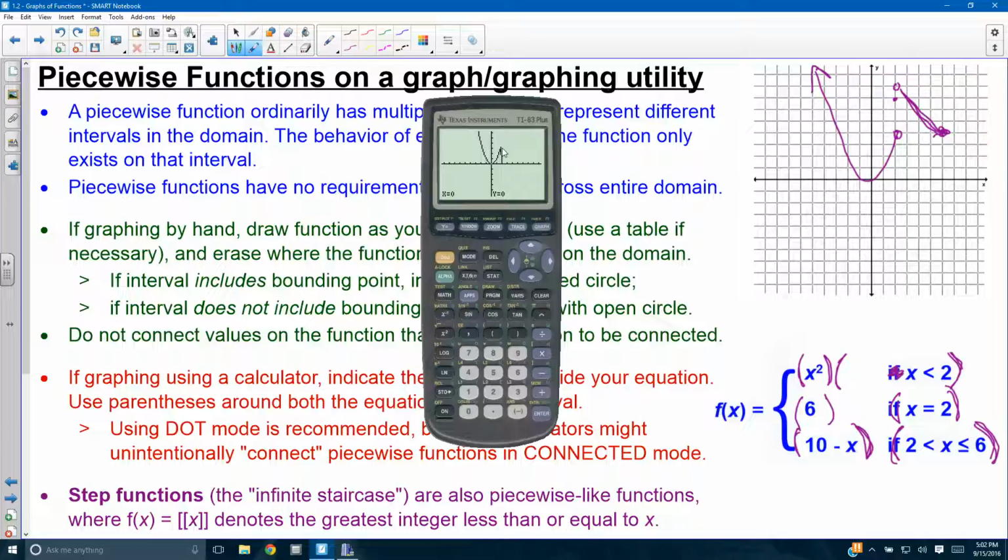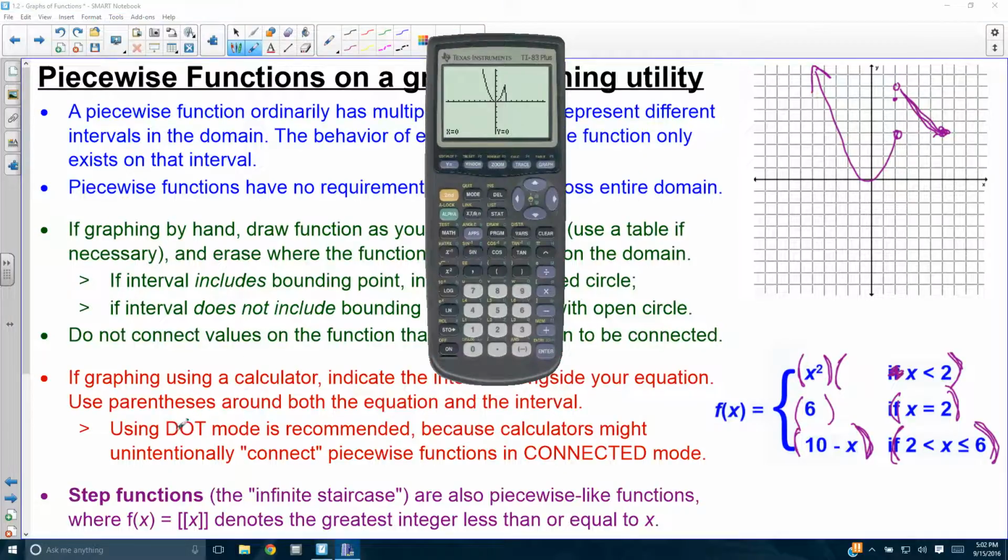Now there's an issue here, and here's where I put this another bullet point. Using dot mode is recommended because calculators might unintentionally connect piecewise functions in connected mode. Might connect things that shouldn't be connected, like this thing right here. Why is this there? So there's a thing called dot mode. If I go to mode here, you'll see that there is an option that asks me to switch from connected to dot.